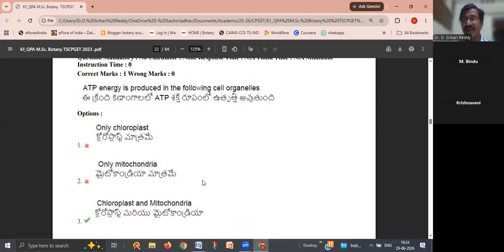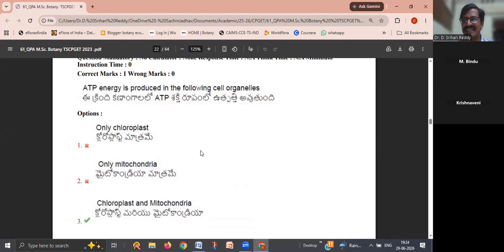But in the mitochondria, there is also ATP synthesis. Particularly, the food material is oxidized. There are glycolysis, Krebs cycle, and electron transport chain. During the electron transport chain, there is a process called oxidative phosphorylation.